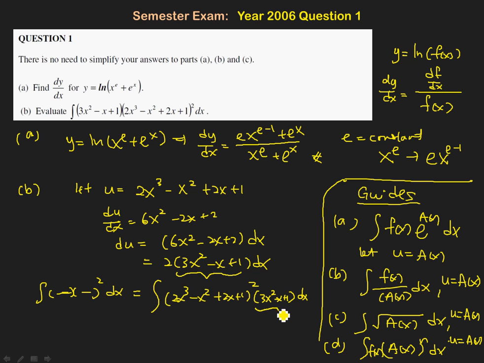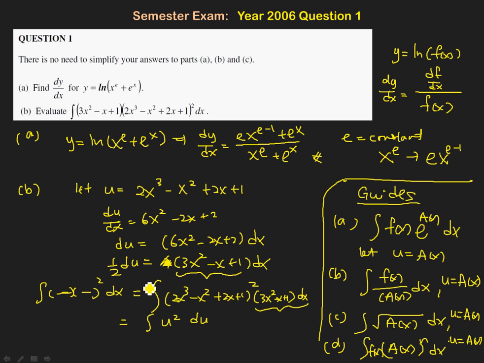When you substitute, this becomes u^2, and this is du, but of course this is actually half du, because you can multiply both sides by half and get dx equals half du.